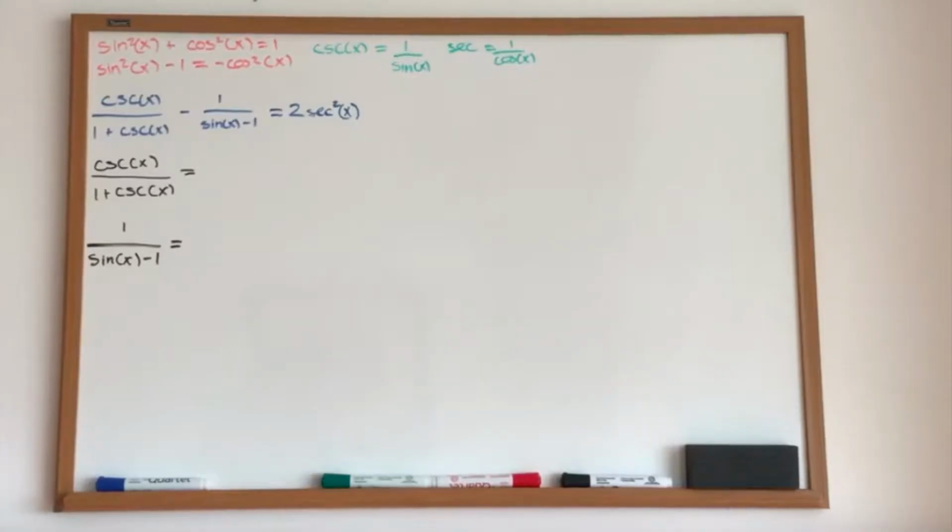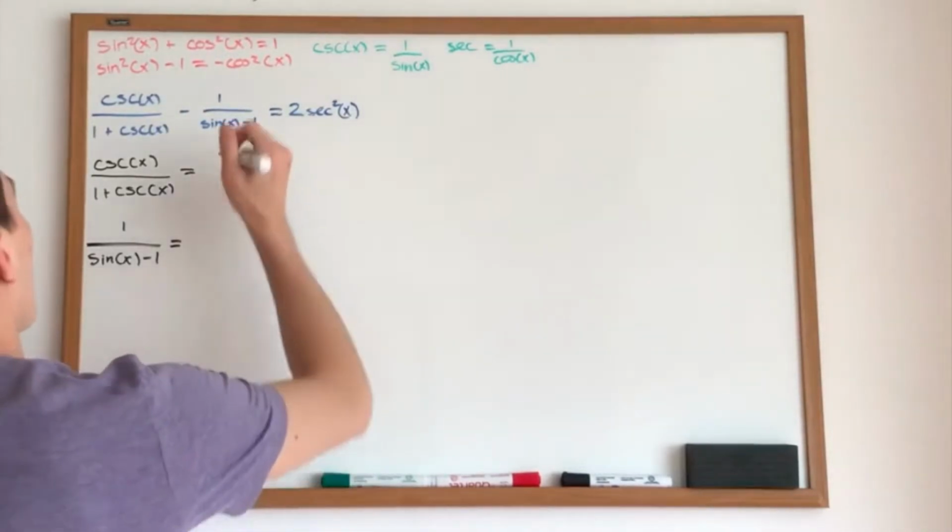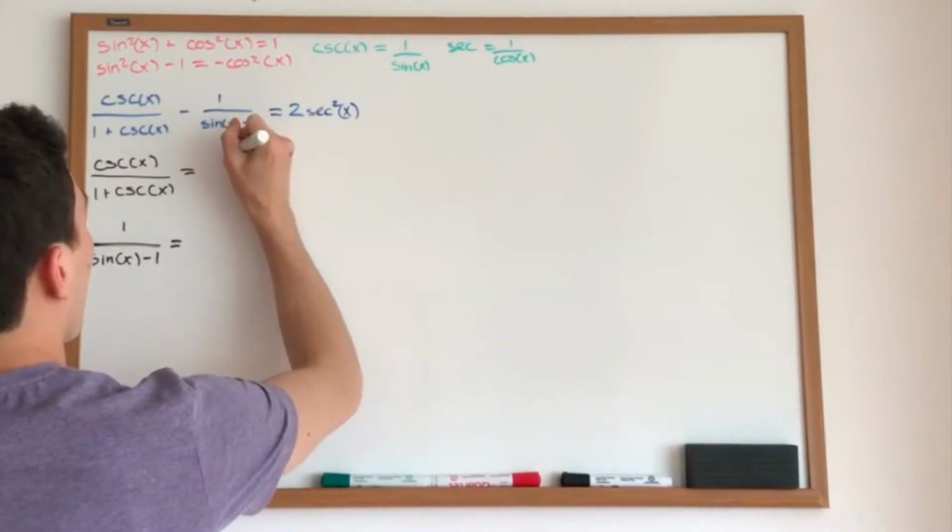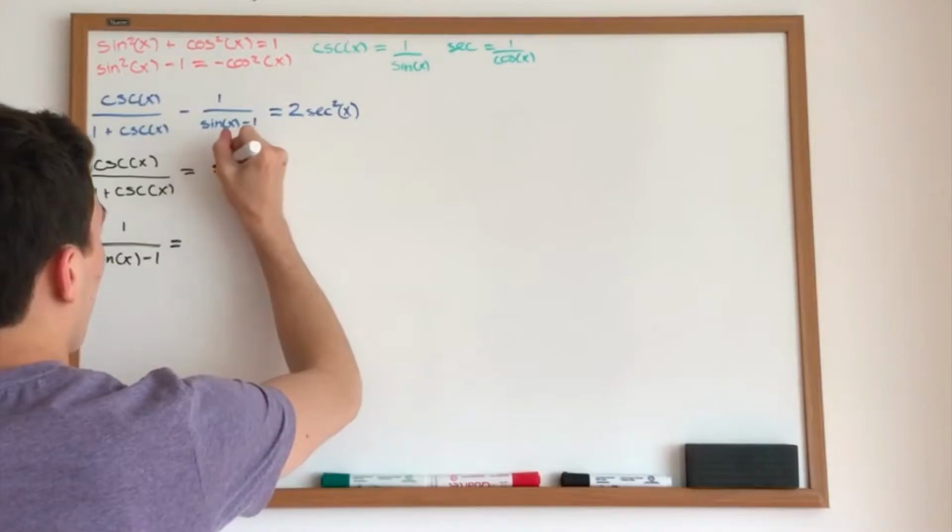Identity number 1. We have cosecant of x over 1 plus cosecant of x minus 1 over sine of x minus 1. That is equal to 2 secant square of x. First, what we need to do is convert the first fraction by reciprocal identities.